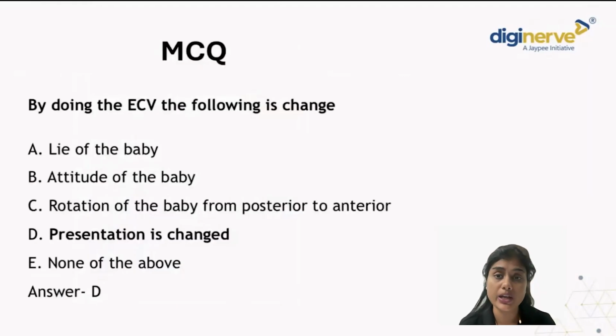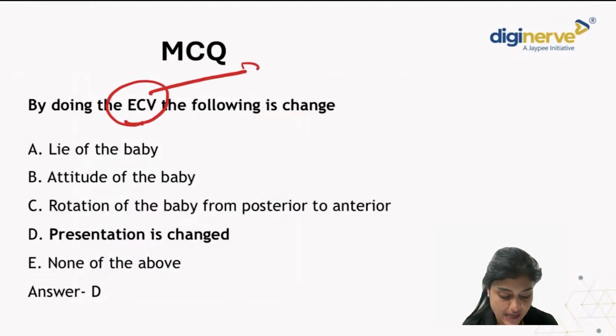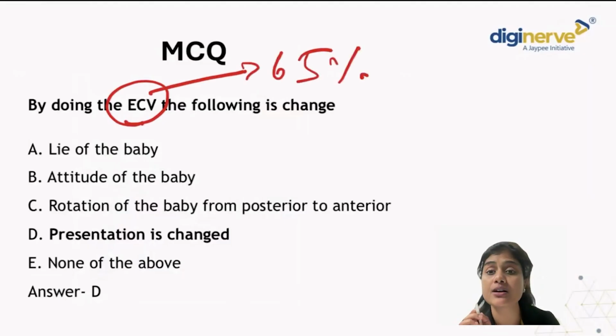Now let us do some quick revision of MCQs for that. By doing external cephalic version, since I have not discussed external cephalic version, I am just giving a question of that. ECV is your external cephalic version, better done after 36 weeks period of gestation, when the uterus is not in labor. That means a relaxed uterus, liquor should be adequate, more chance of having vaginal delivery, almost 65%. Success of ECV is asked, it is approximately 65%.